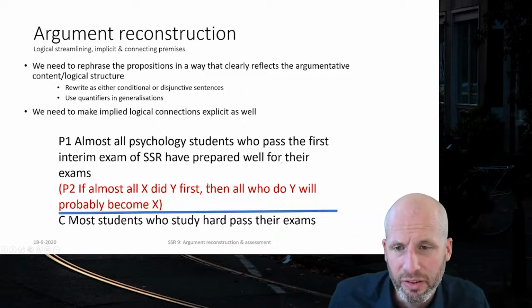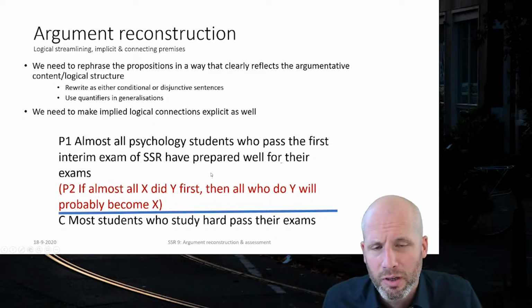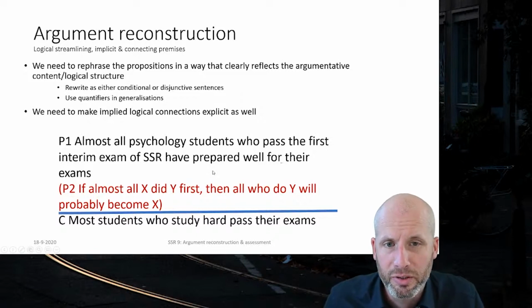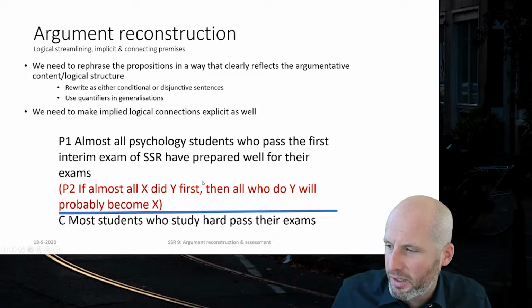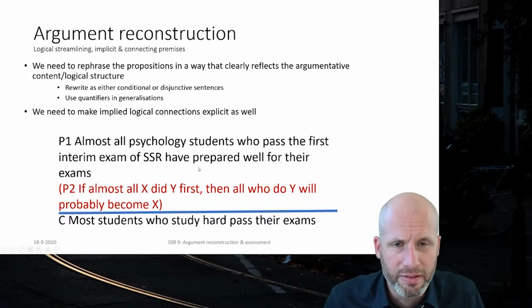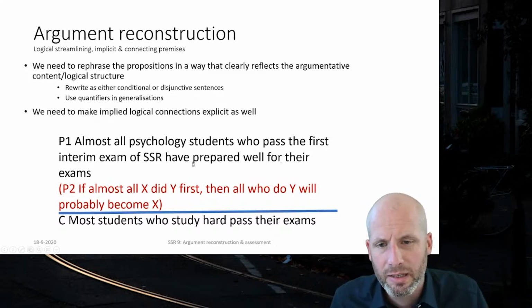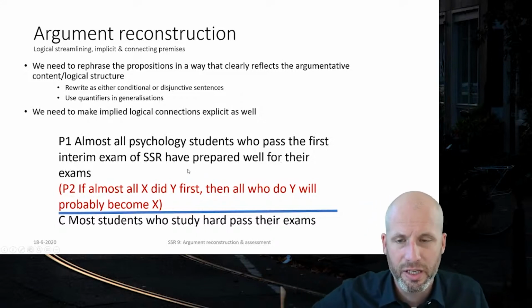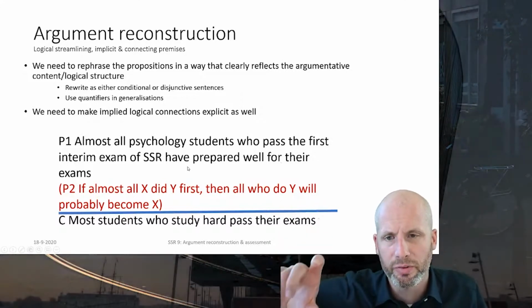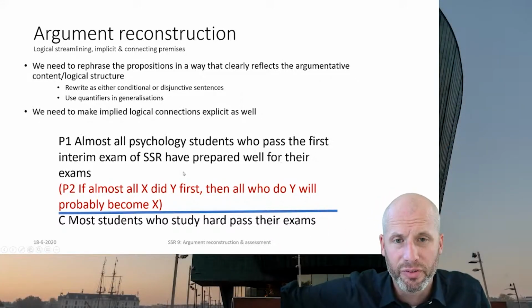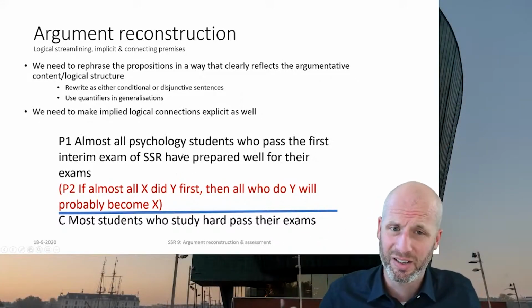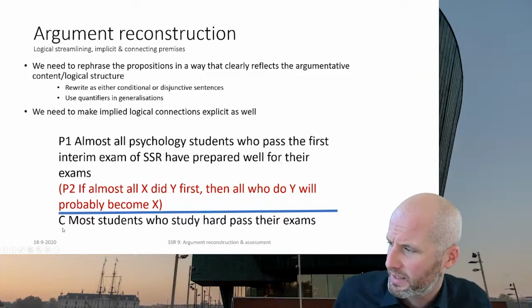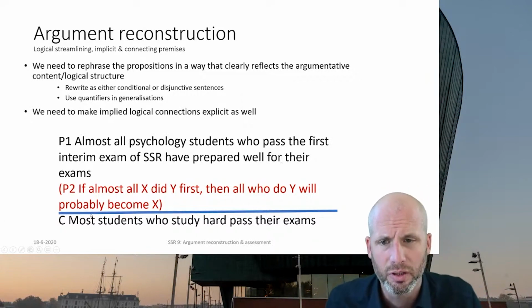Or they've brushed their teeth, or they drank milk, or they took a shower, right? That doesn't mean that all students who take a shower will pass their exams. That's using a counterexample. So that's exchanging the terms, but keeping the structure of the argument the same. And by using different terms, it becomes more intuitive to see that, no, this doesn't hold. So that second premise is not true, at least not how it's phrased here.